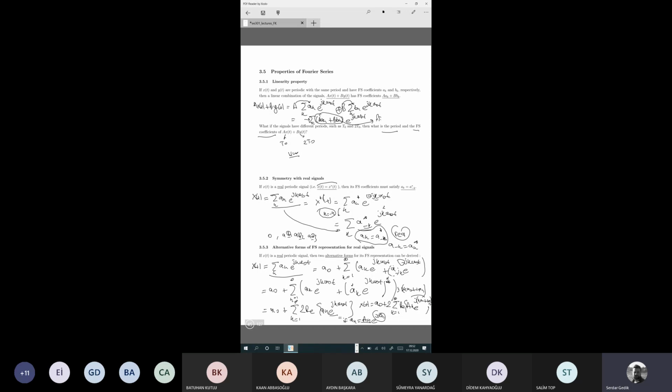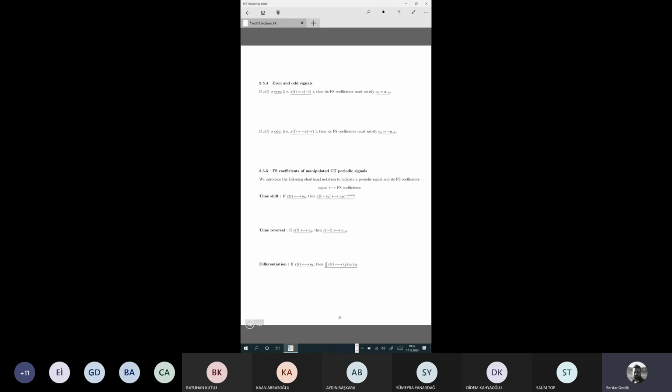If you go further, as the first representation, this is equal to a0 plus 2 times summation k from 1 to infinity of Ak cosine of k omega 0 t plus phi k.